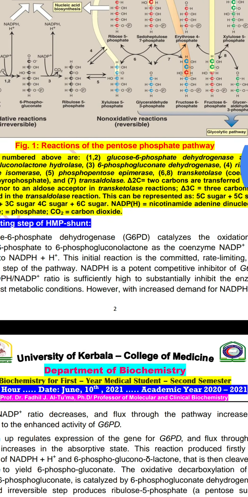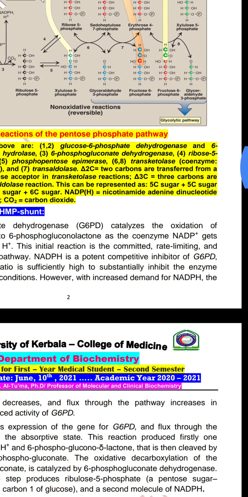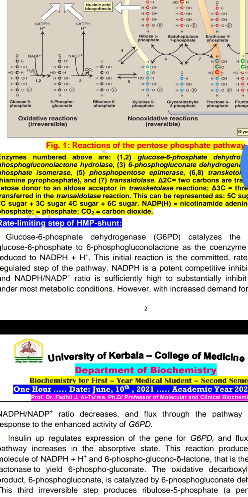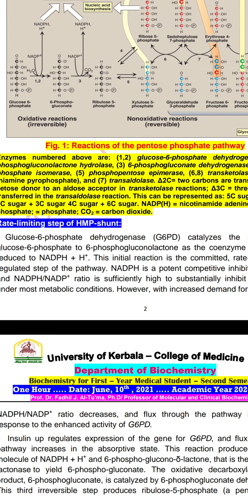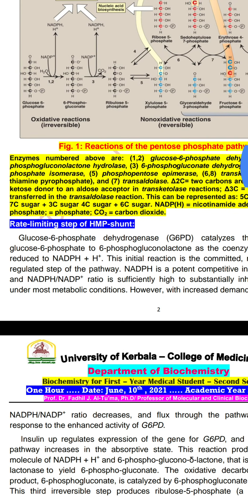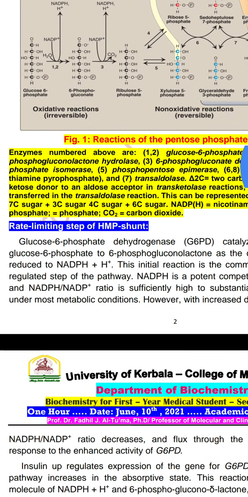The initial reaction is the committed, rate limiting step and is required to regulate the first step of the pathway.